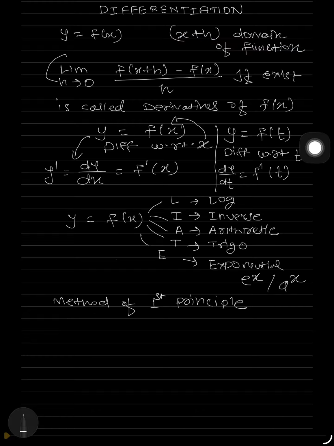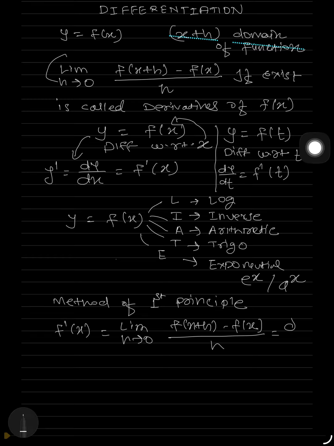In that way we find f dash x, that is the derivative, is equal to the limit as h tends to 0 of f of x plus h minus f of x whole upon h. This also represents dy by dx.